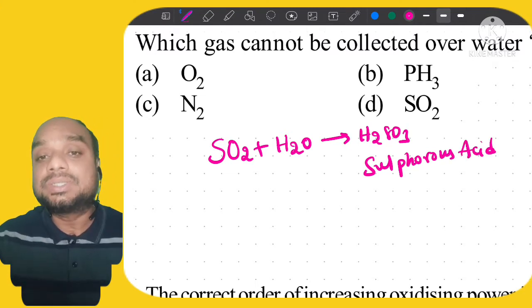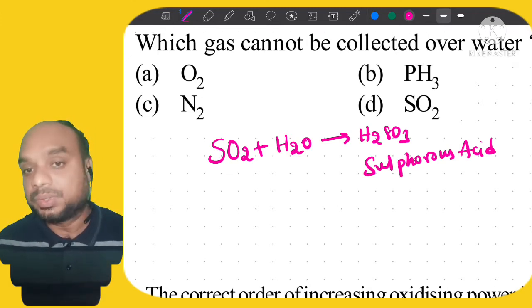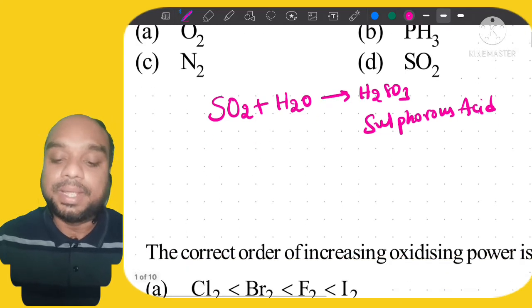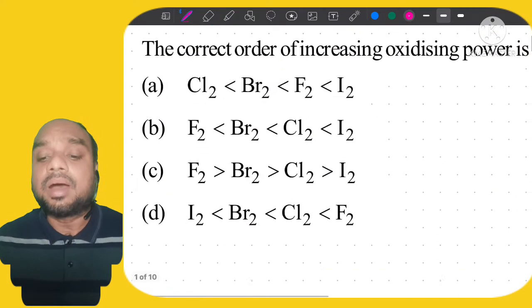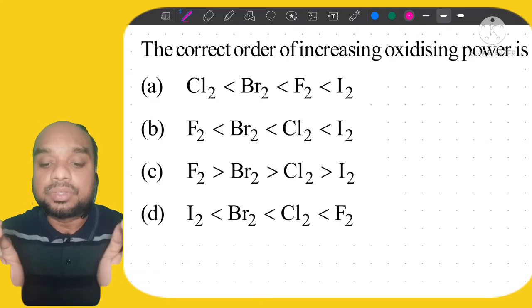So sulfur dioxide dissolves much in water. That's why we don't collect sulfur dioxide over water. Okay, students?